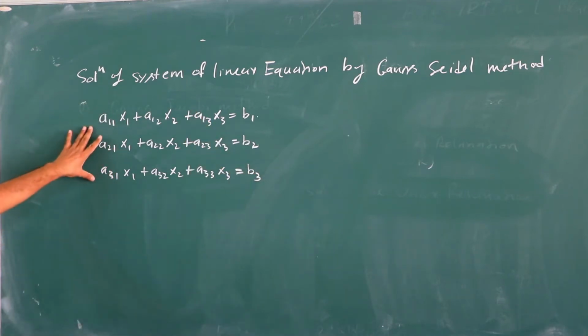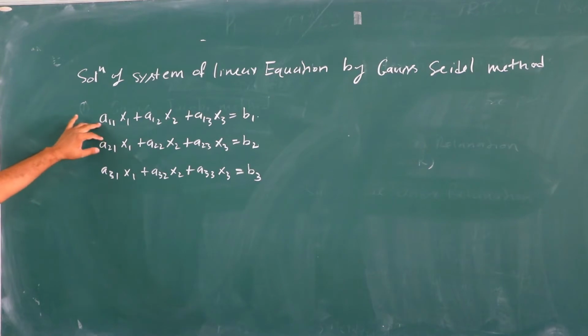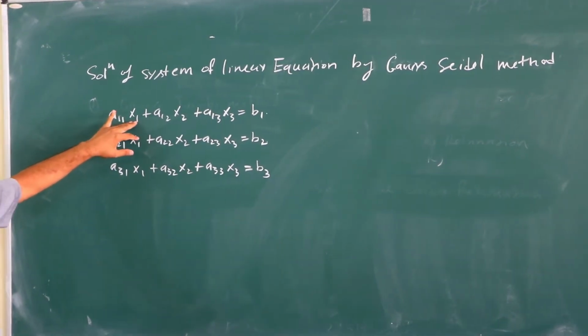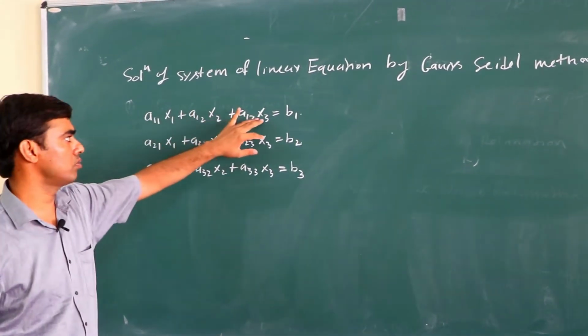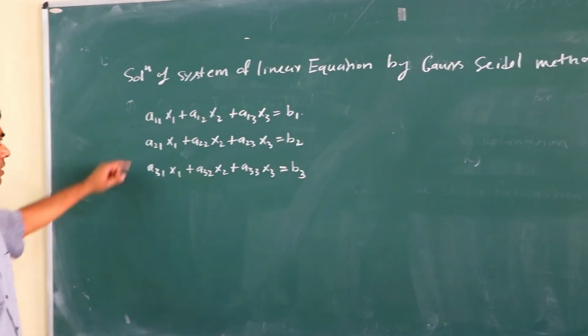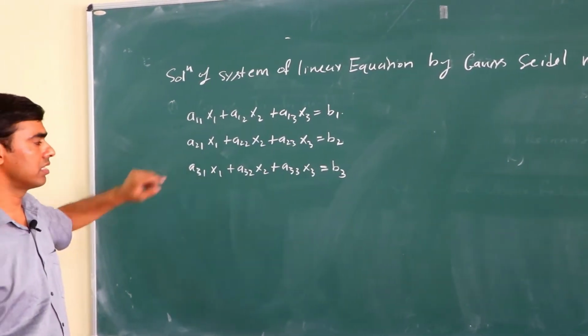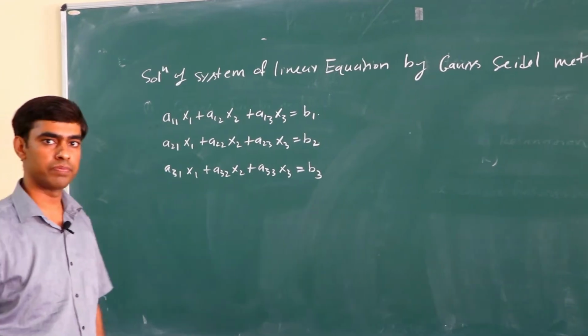This is a system of linear equations, three equations with three unknowns. The unknowns are x1, x2 and x3. This is the first equation, second equation, third equation. In whole, this is a system of linear equations.